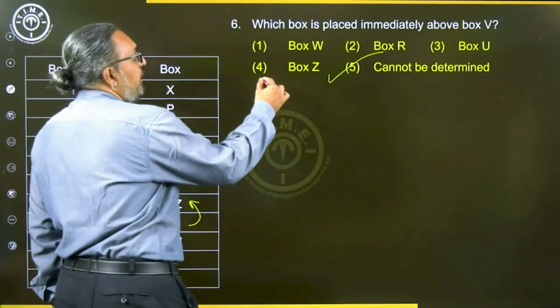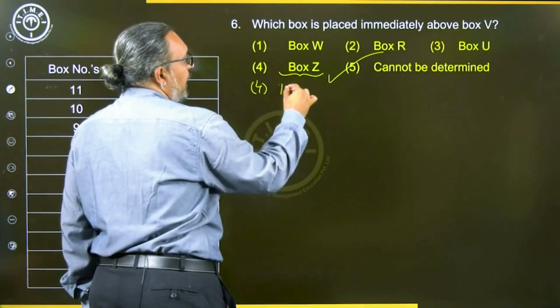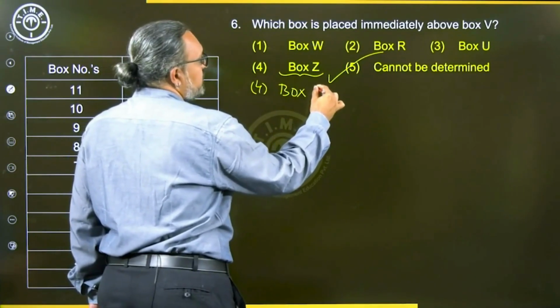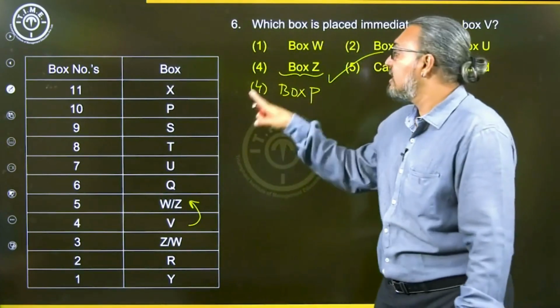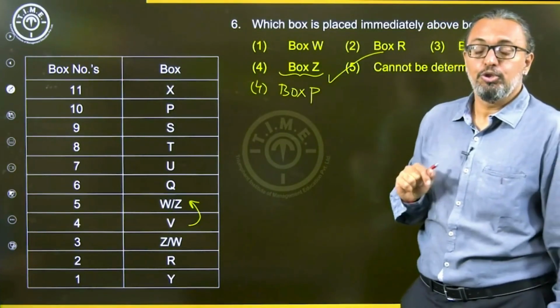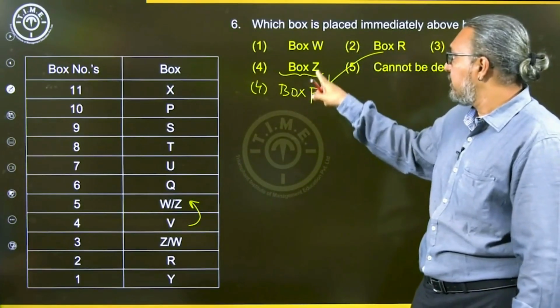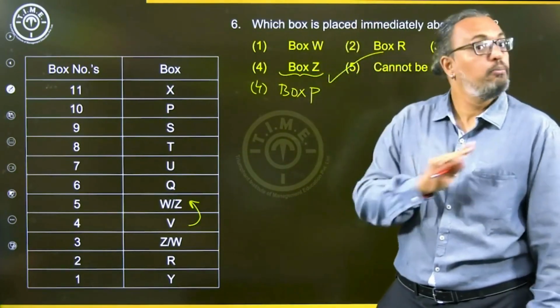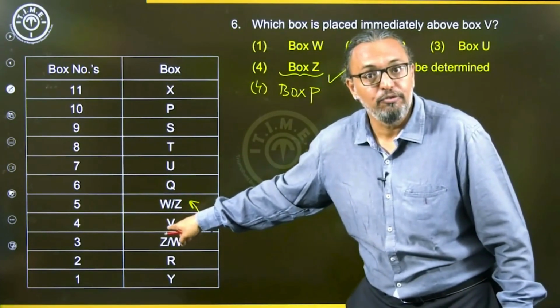Now suppose, let's say in the 4th option, instead of box Z, he had given box P. Then also my answer is cannot be determined. You should not say, sir, it is either W or Z, now Z is not there, only W is there, I will fix W. No, because if you fix the answer as W, can you guarantee that it is W fixed there?